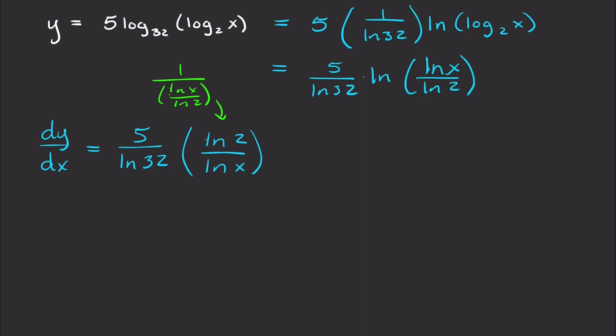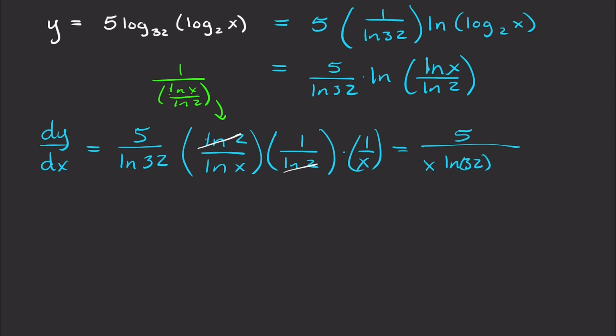And then we need to multiply by the derivative of the inside. So our 1 over natural log of 2, just our constant's going to come out. And then we need to multiply by the derivative of natural log of x, which is just 1 over x. And now if we simplify all of this, our natural log of 2's are going to cancel, and we get 5 over x times the natural log of 32 times the natural log of x.